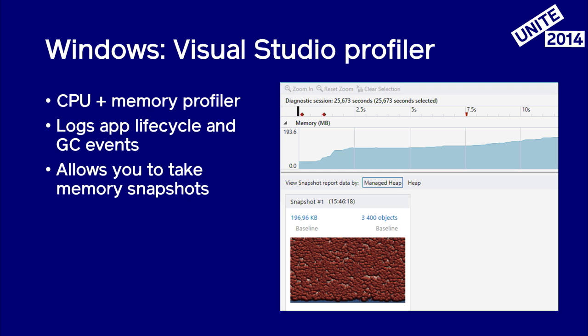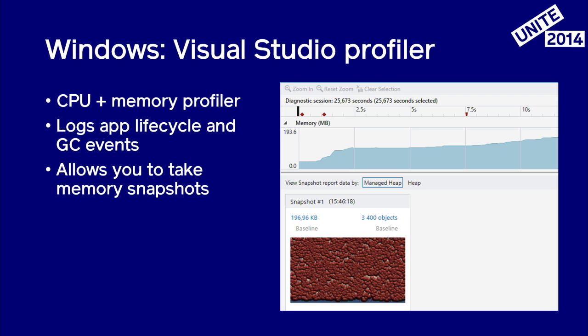For Windows, we have the Visual Studio Profiler. It allows you to profile CPU and memory usage. Visual Studio Profiler requires VS Pro. It's not available in the free editions. My favorite use of it is to capture memory snapshots. It allows you to capture the managed heap, and it will tell you exactly which objects you allocated and the stack trace that allocated them.